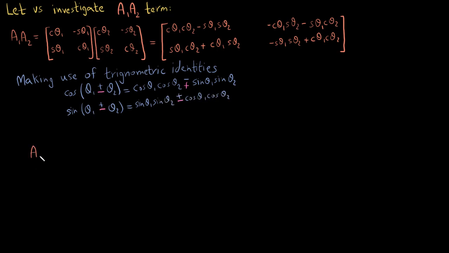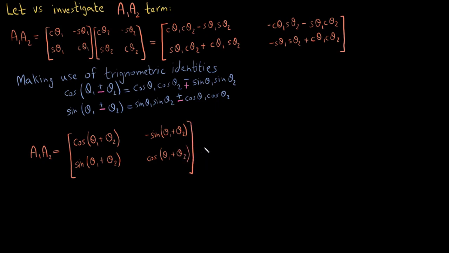Making use of these two trigonometric identities, I can simplify the A1 A2 matrix down into a matrix which has cosine of theta 1 plus theta 2, sine of theta 1 plus theta 2, minus sine of theta 1 plus theta 2, and cosine of theta 1 plus theta 2.